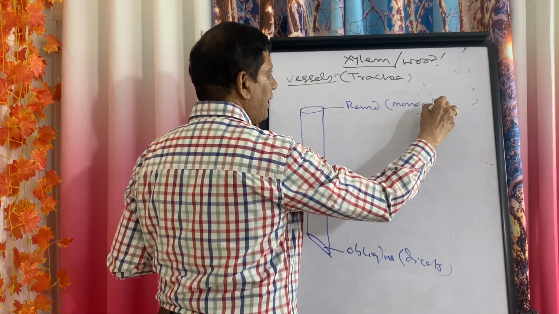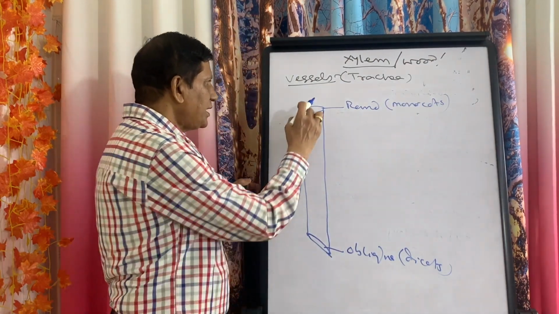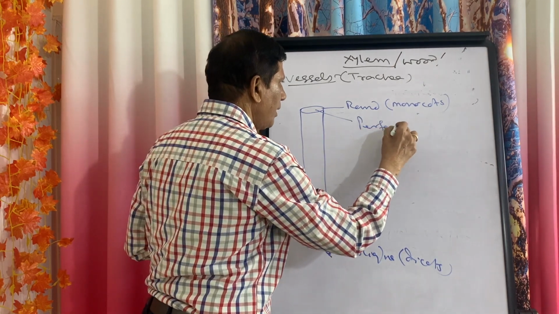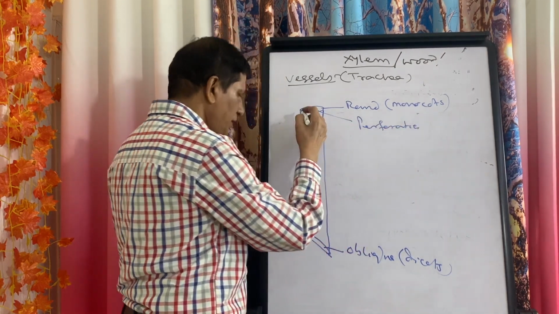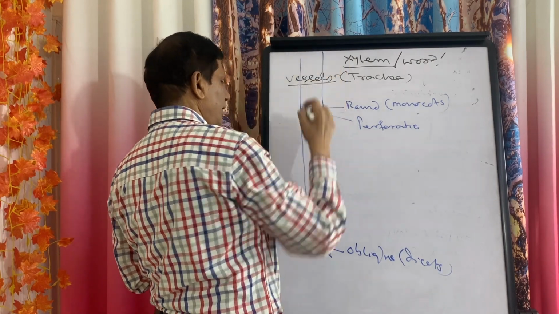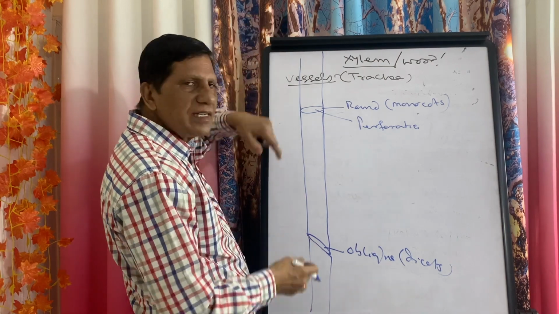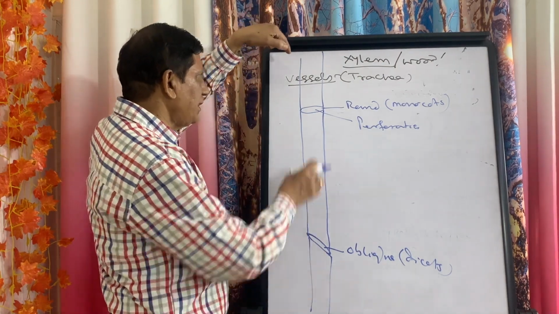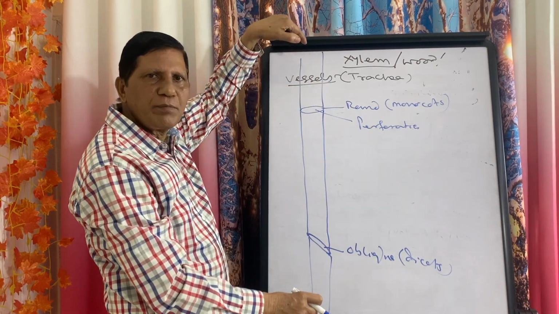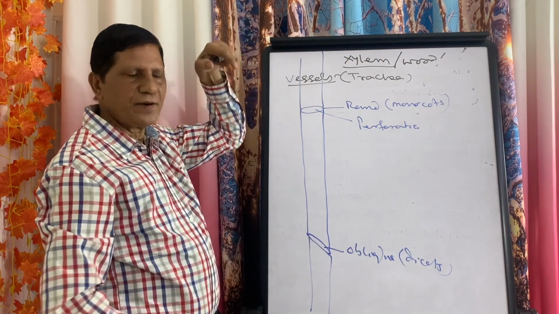But in the same diagram I have shown you both. It may be round, and this is known as perforation, because another cell may be attached to this here, and again one will be attached here. That means likewise the cells are one above another, so that the entire vessel gives a pipe-like structure in the plant body, so that water and minerals can be easily conducted.